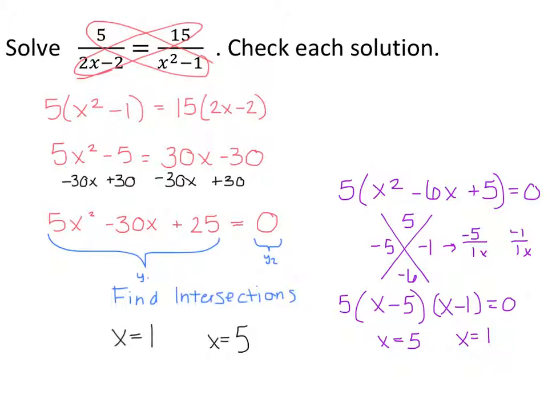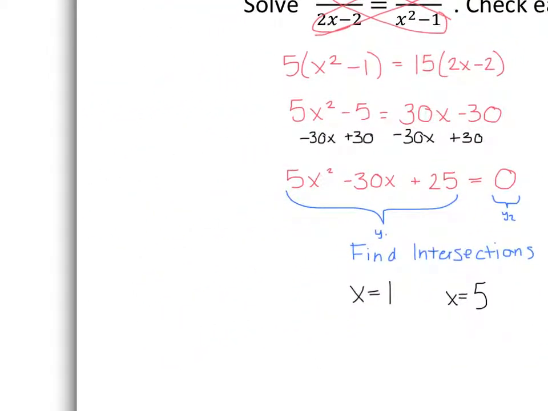You can also do the quadratic formula every time. You remember that? No? B something, negative B. Should I show you that one too? Might as well. So the quadratic formula is x equals negative b plus or minus the square root of b squared minus 4ac, all over 2a.